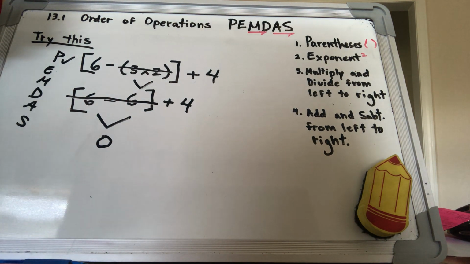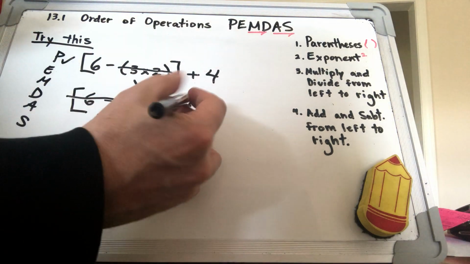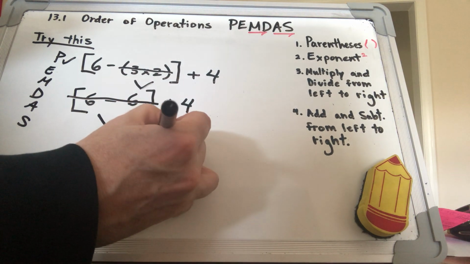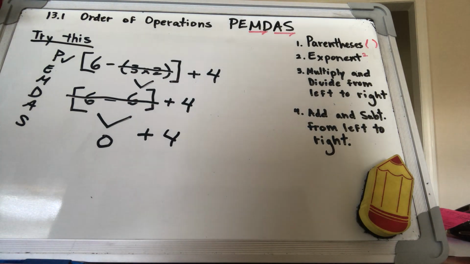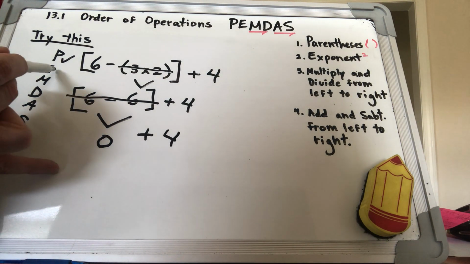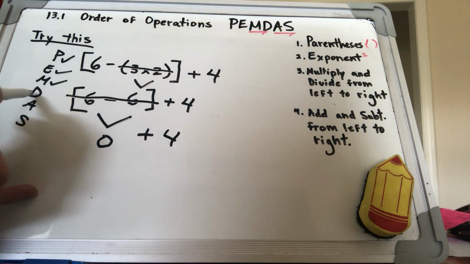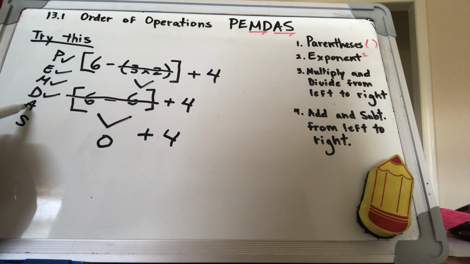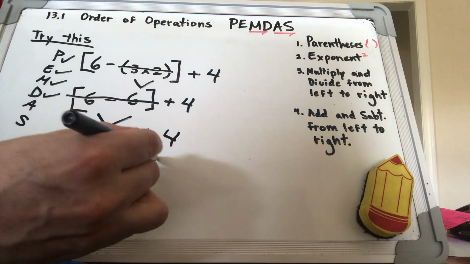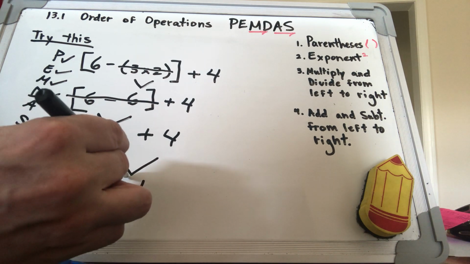That's all gone. I did that set of parentheses. Everything else will fall down again. All right. There were no exponents. There's no multiplication anymore. There's no division. The only thing left to do is add and subtract, and I only have to add. This would turn into 4.